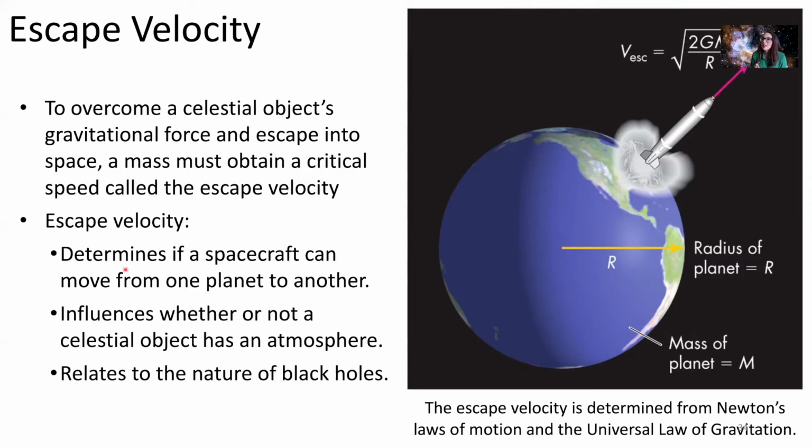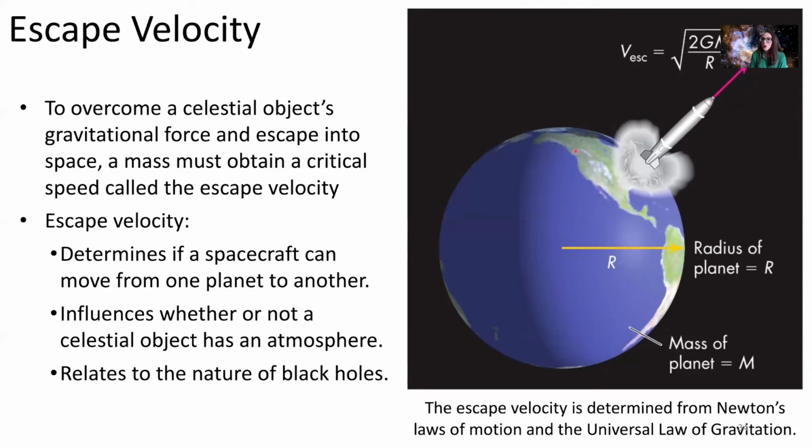The escape velocity determines if a spacecraft can move from one planet to another, if we can get it off this planet and get it somewhere else. It influences whether or not a celestial object has an atmosphere, and it also relates to the nature of black holes. We will talk about that later in the semester.